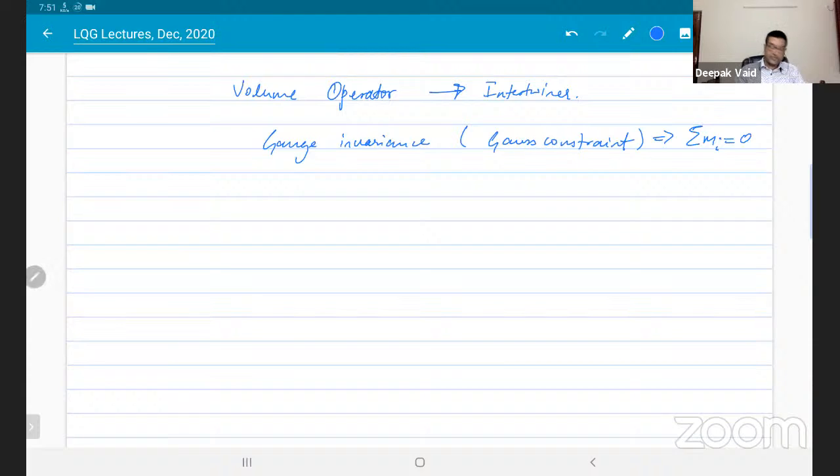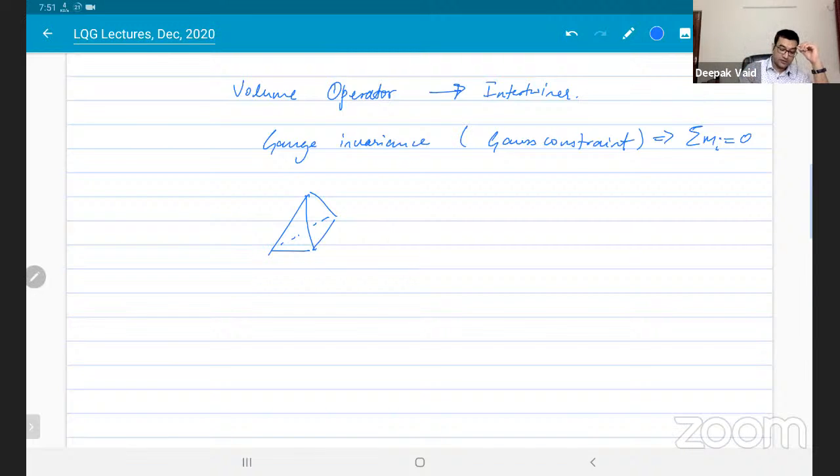And this closure constraint is equivalent to saying that, for instance, if you have a bunch of triangles, if you have 4 triangles, you ask whether those triangles can be glued together to form a tetrahedron without leaving any gaps, right?